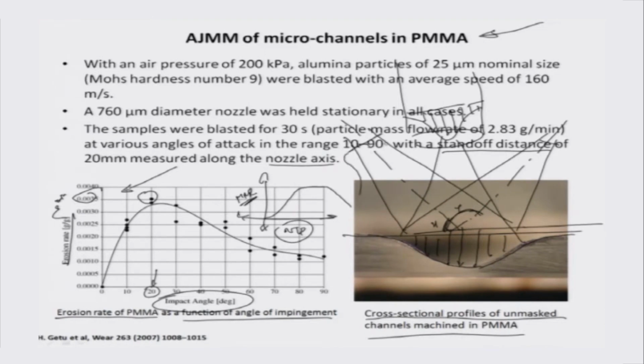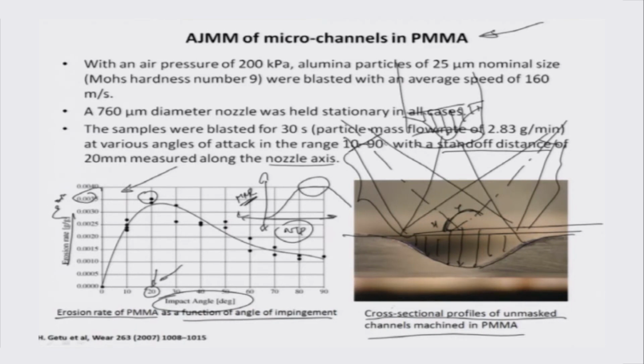So, the nozzle tip distance varies as a function of the angle. And for probably a 20 degree angle, the nozzle tip distance is the optimum best, which falls somewhere in this region of the curve, which results in a higher erosion rate.